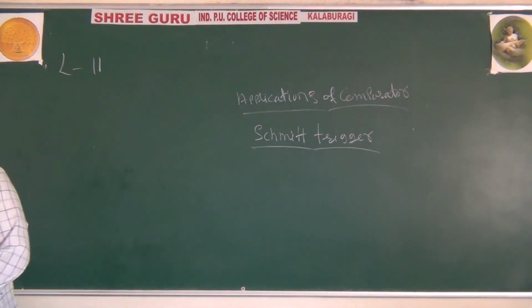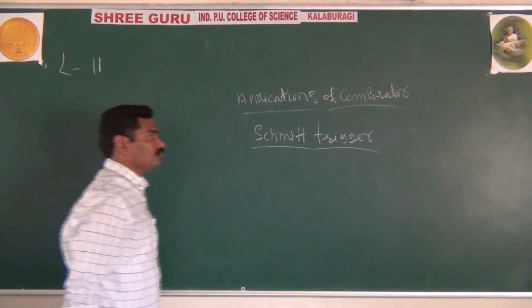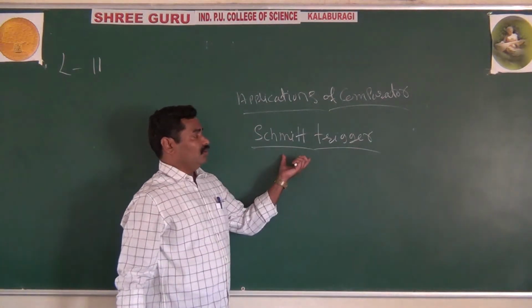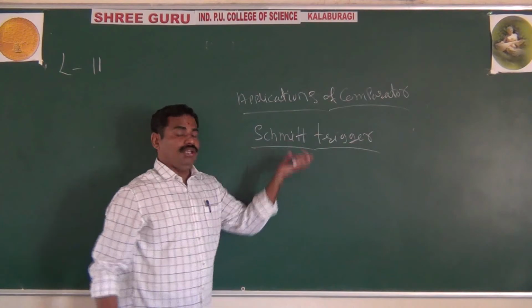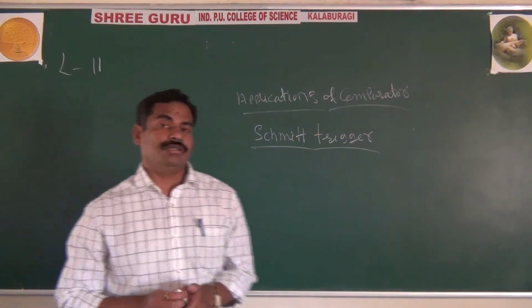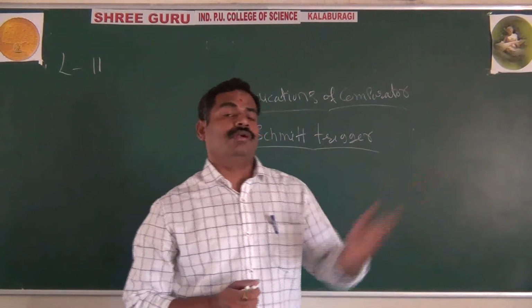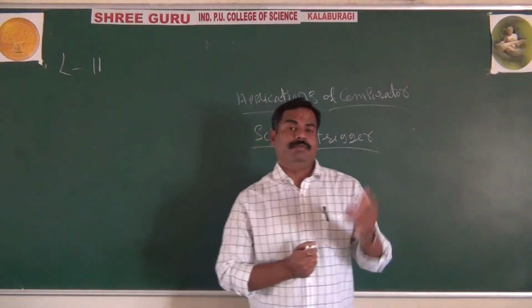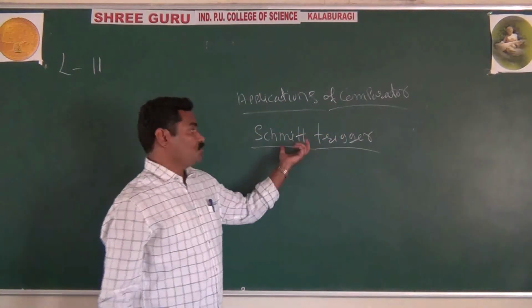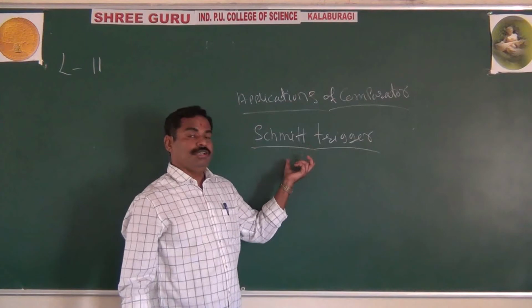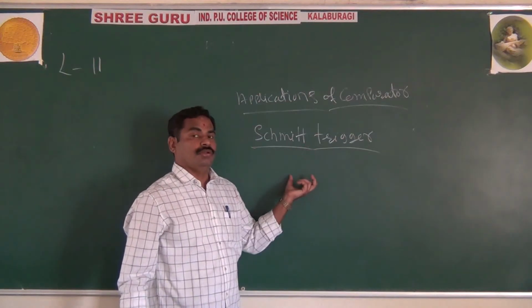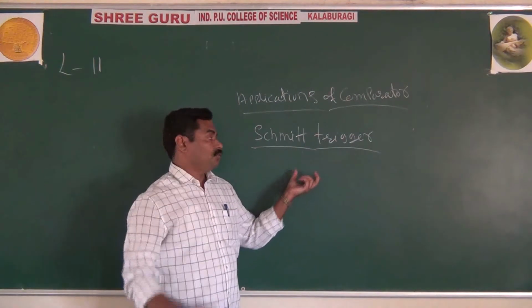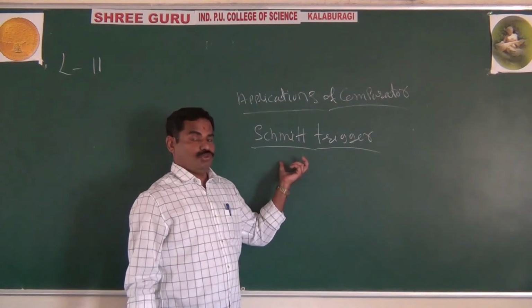In your zero crossing detector or in a comparator, you are not considering the feedback. But what is a Schmitt trigger? It is also a type of comparator, but the important thing is that you apply positive feedback.